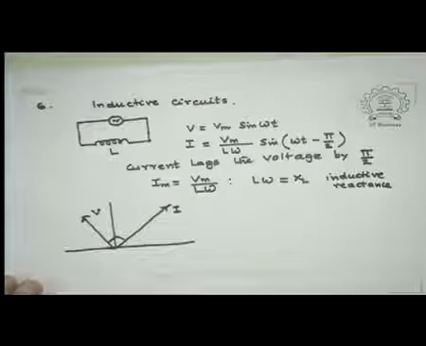So you notice that what we said is, for a capacitive circuit the current leads the voltage, and for an inductive circuit the current lags the voltage. We had given you a mnemonic which says ELI the ICE man.